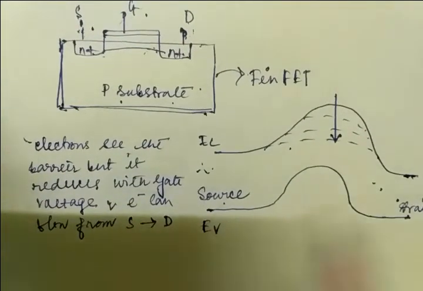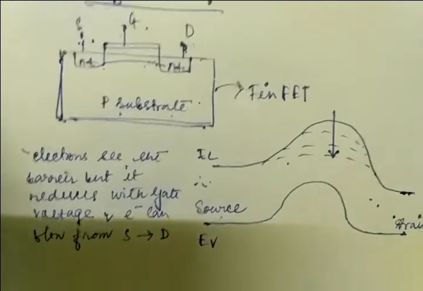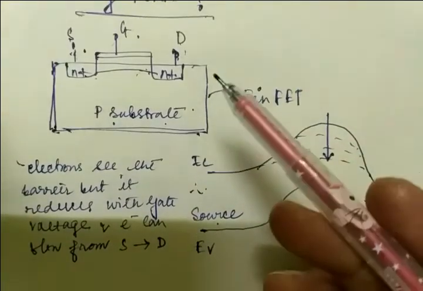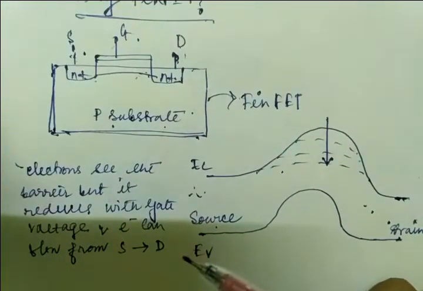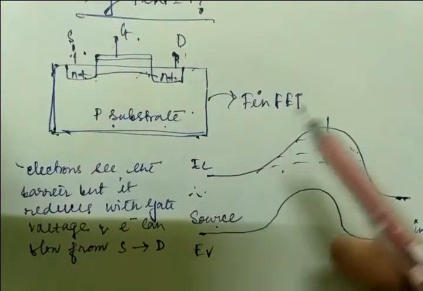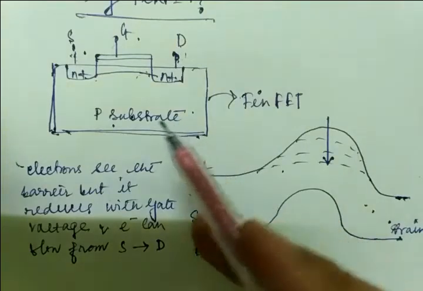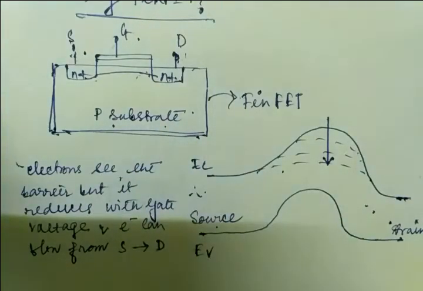Now when we apply some drain voltage, this is the beginning point, right? Whenever we apply the drain voltage, there will be conduction of the carriers from source to drain region, right?